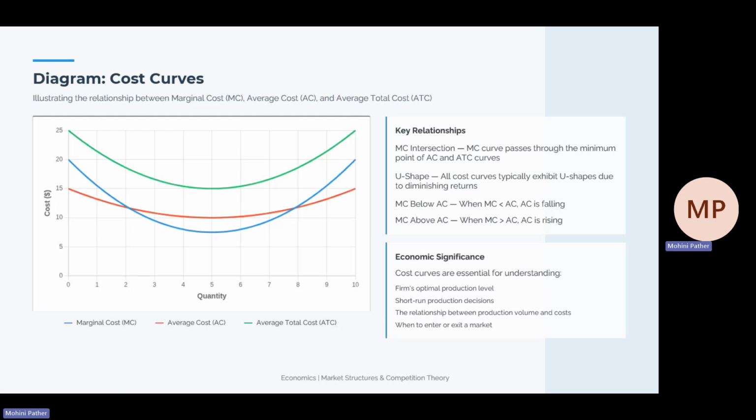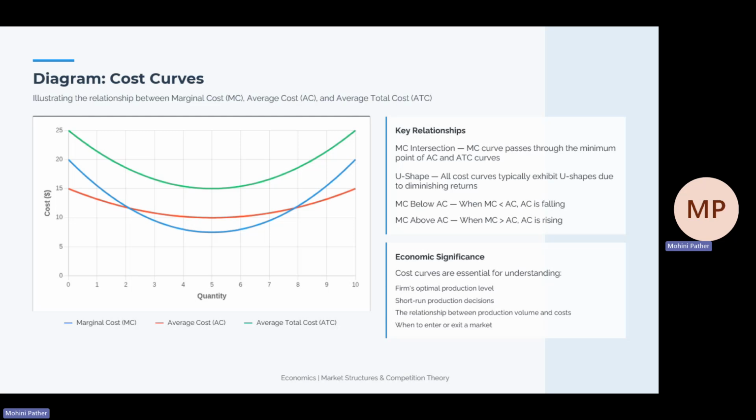However, as you reach a certain level, you have now optimized your production. Therefore, if you start adding additional quantity, your costs start rising again. When your marginal cost is below your average cost, your average cost is falling. But when your marginal cost is greater than your average cost, your average cost is rising.